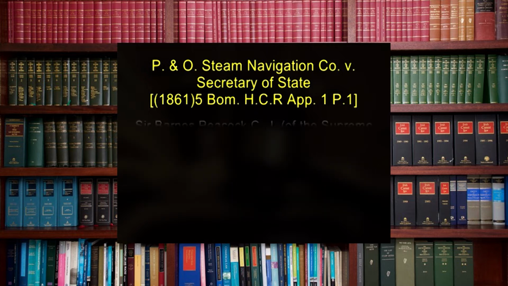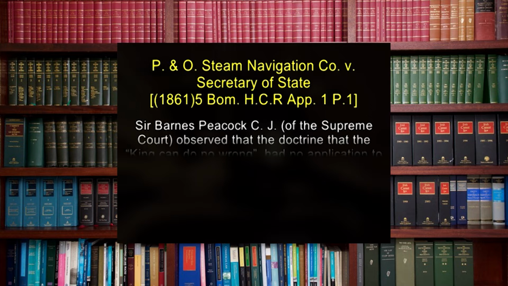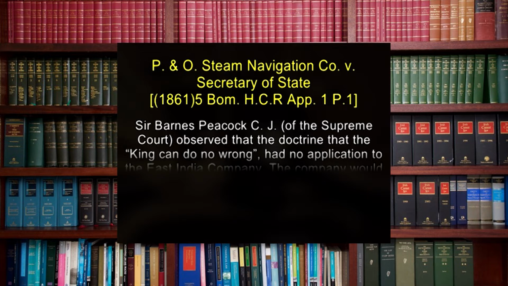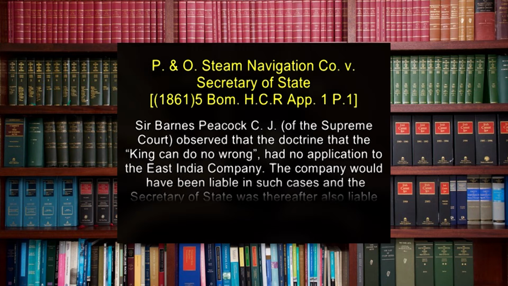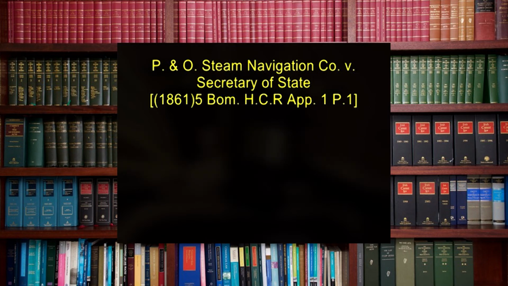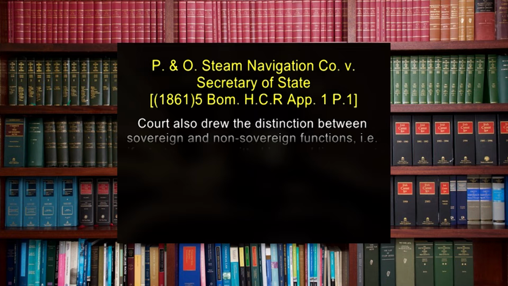Sir Barnes Peacock, the then Chief Justice of the Supreme Court, observed that the doctrine that the king can do no wrong had no application to the East India Company. The company would have been liable in such cases, and the Secretary of the State was thereafter also liable. The court also drew the distinction between sovereign and non-sovereign functions.